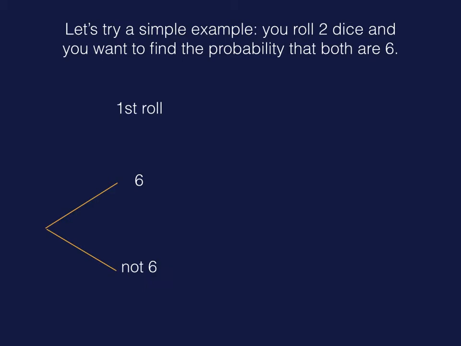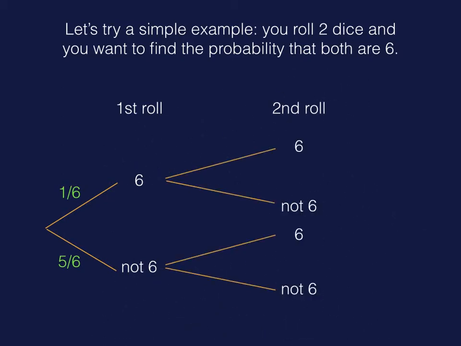So I'm going to simplify to just those 2 things. And they have these probabilities, 1 out of 6 and 5 out of 6. That's the first roll. The second roll is a new branching. And you could have 2 possible outcomes, 6 or not 6. And it's the same probabilities because they're independent.